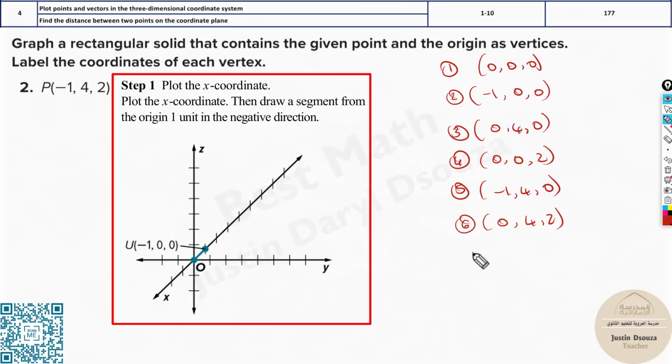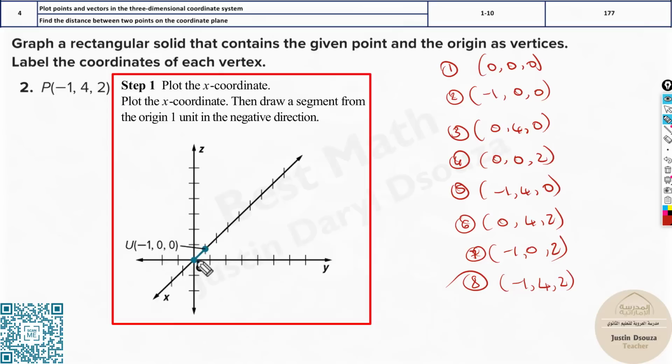And lastly, let's put the 0 in the middle. So it'll be -1, 0, and 2. And lastly, we write the given point itself, that is -1, 4, and 2. So now when we substitute it all, let's put these values over here.